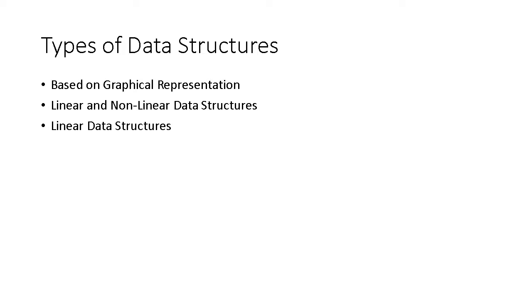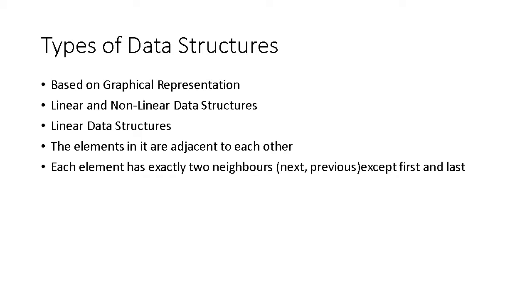In a linear data structure, the elements are adjacent to each other. We can say that each element has exactly two neighbors available except the first and the last element in that data structure.